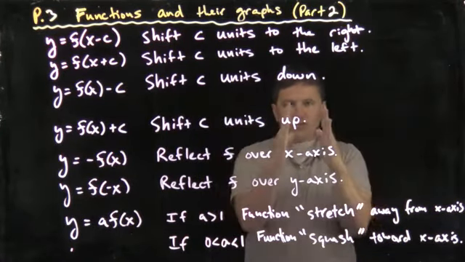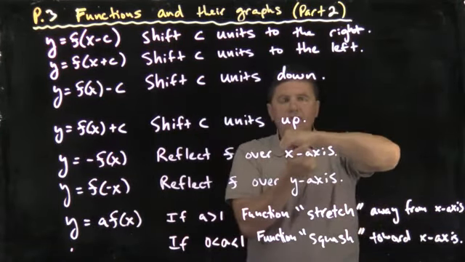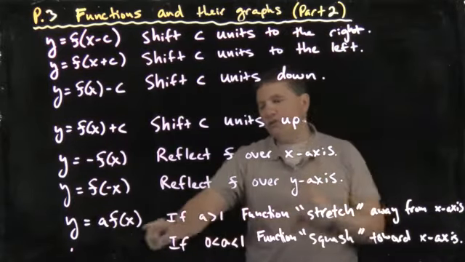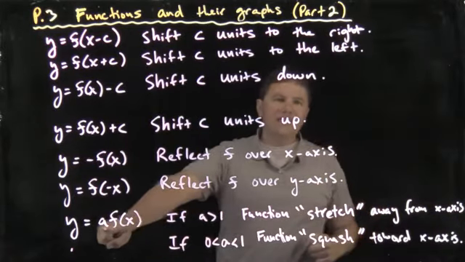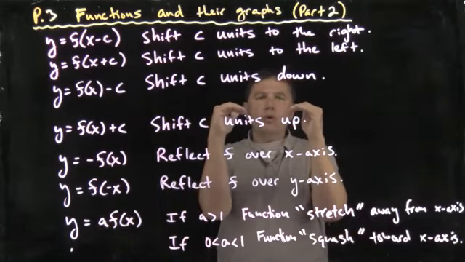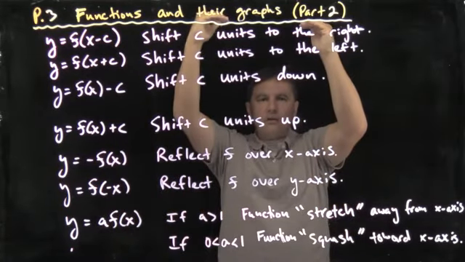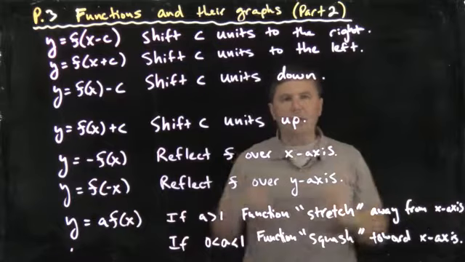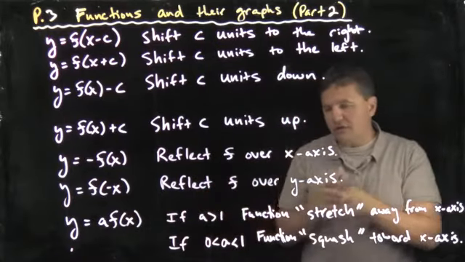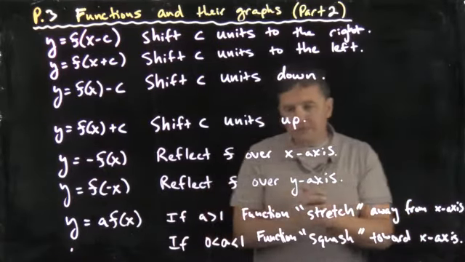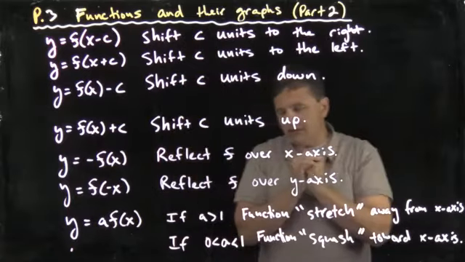The points don't move this way or this way. It's just that for each x value, we multiply that value. So for instance, if a is 2, all those points double their distance from the x-axis in both directions, both negative and positive. We'll take a look at some examples of this. This one tends to be the most confusing. These are usually pretty easy.